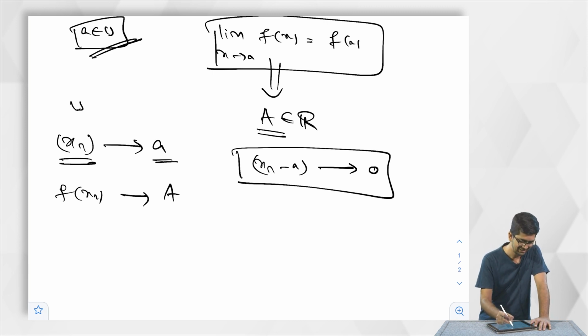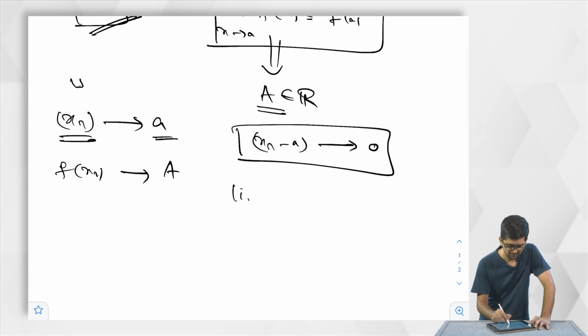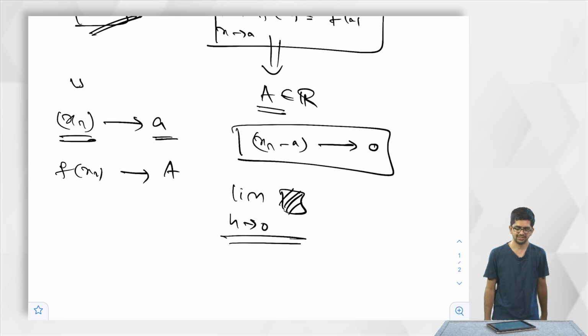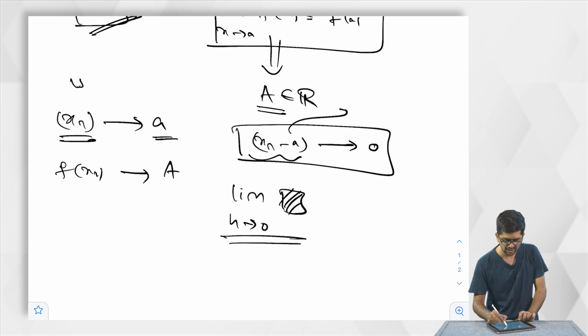So, when we were talking about limit x goes to a, we took a sequence that converges to a. Here we have a sequence that converges to 0. So, we would be getting some notion of this form, limit h goes to 0 of some function. What is the function? Observe that these elements are elements of the set U minus a.